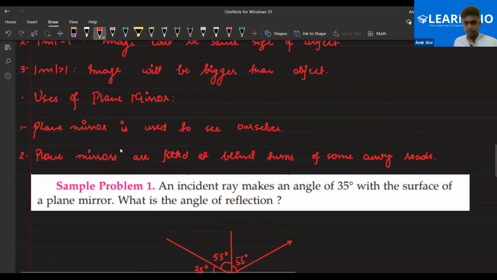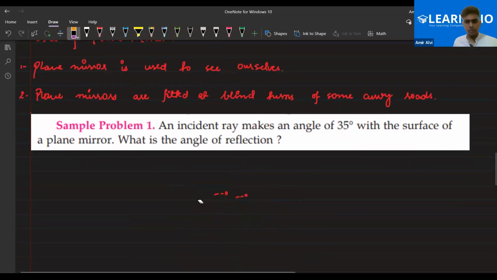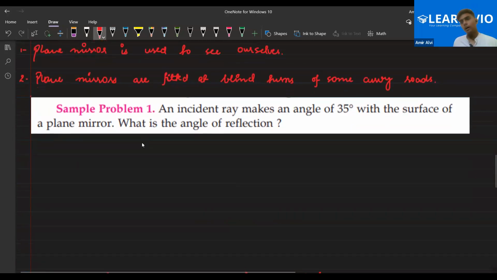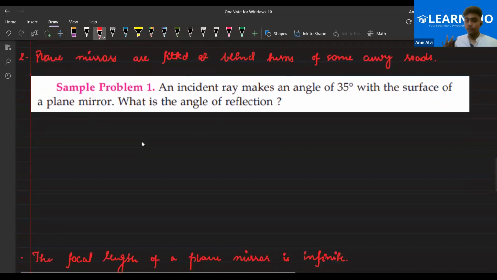Please do this question and let me know the answer, everyone. In the chats, you can draw this on your phone and let me know the answer. I'm asking what will be the angle of reflection? What is the answer, Junaid?